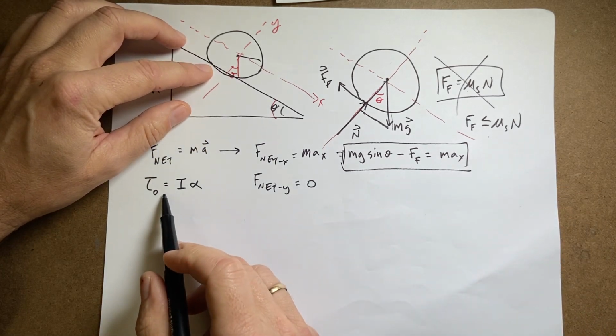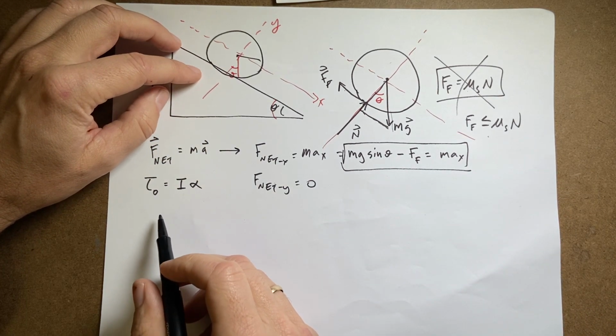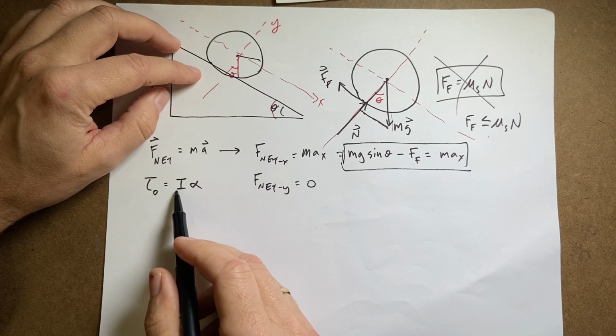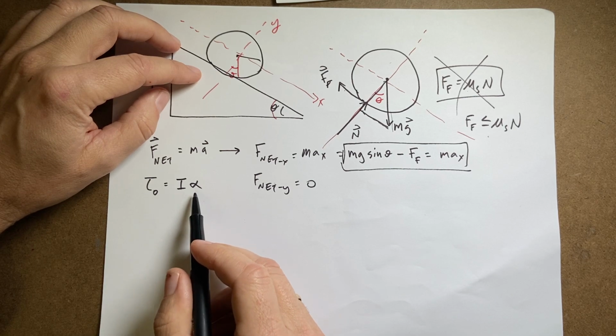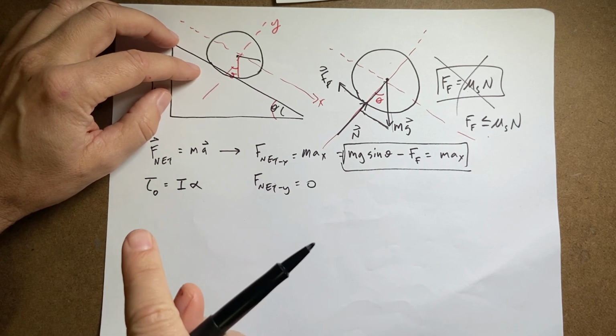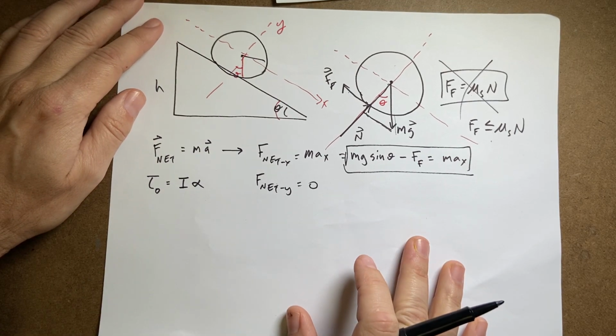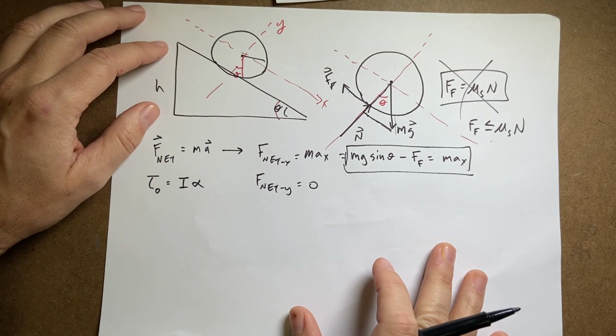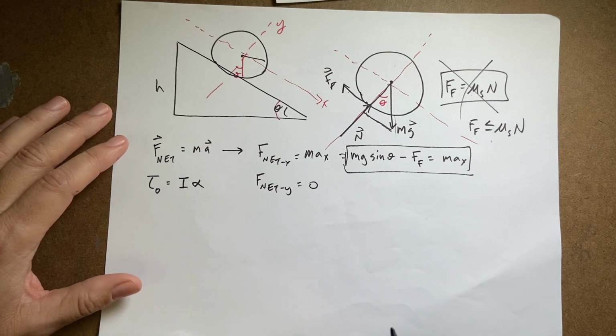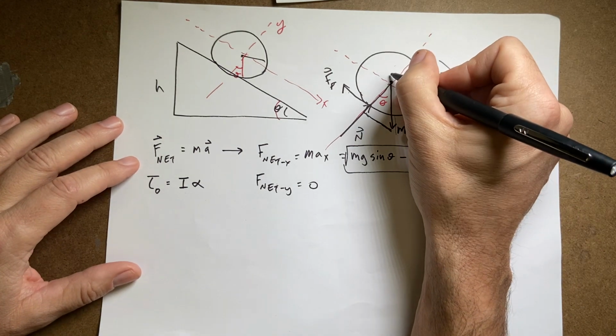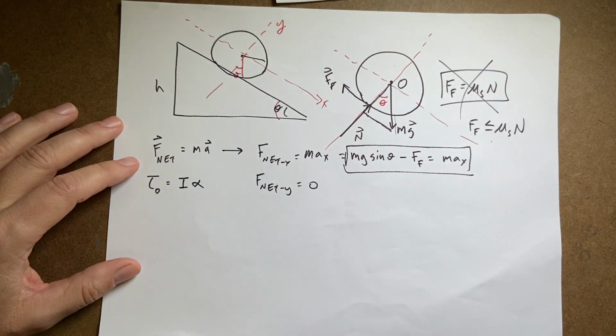Okay, now let's go to this situation. This says the torque is equal to the moment of inertia times the angular acceleration. And this is a shortcut version. Really, torque is way more complicated than that. But let's just pick a point about which to calculate the torque, and it makes sense to calculate about the center of mass.